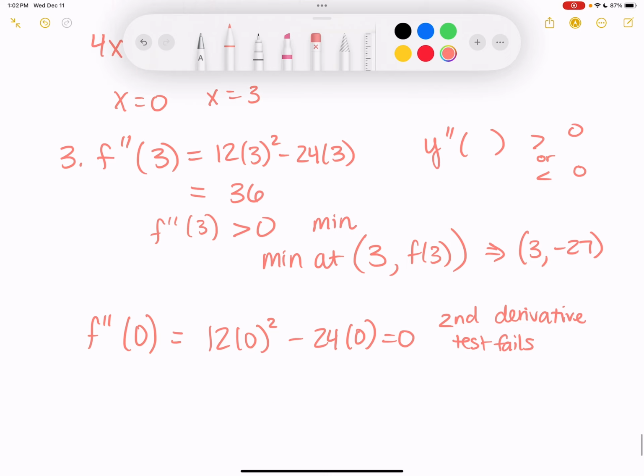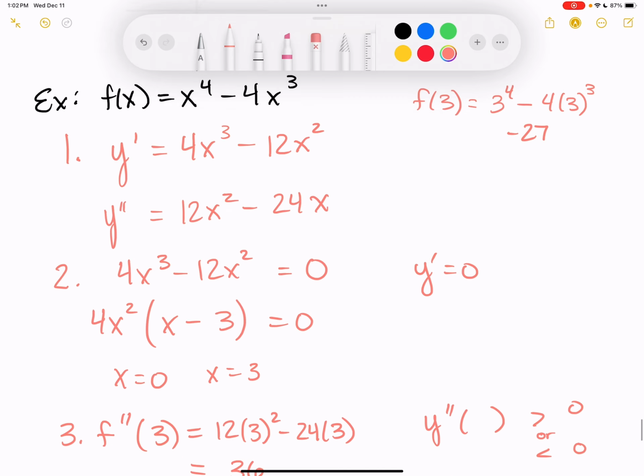So now I'm looking for if the derivative changes sign, as we go from negative to positive, going through that point. So I want to know what the first derivative does as I go through the point 0. If I plug in negative 1 to the first derivative, what do I get? -16.